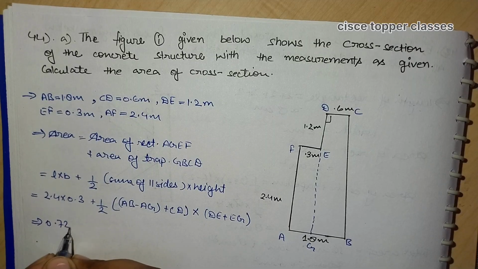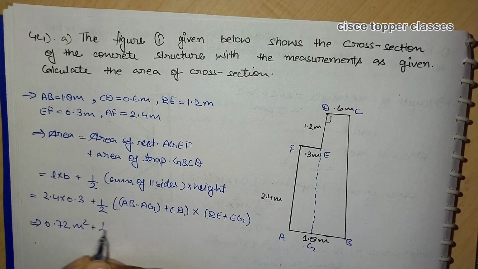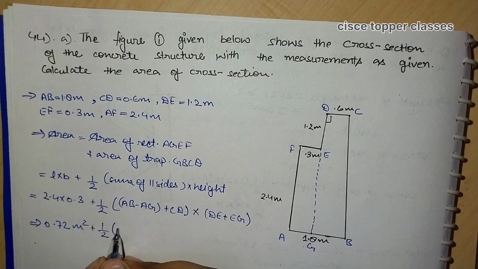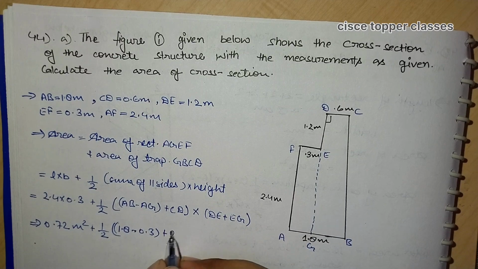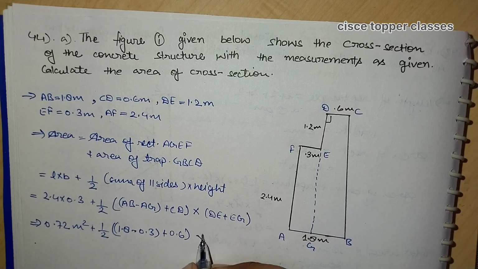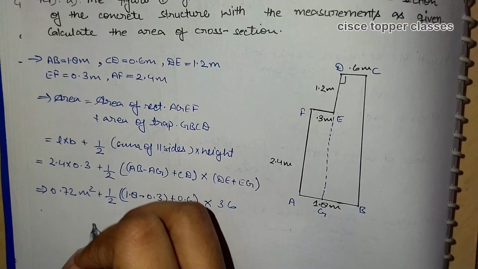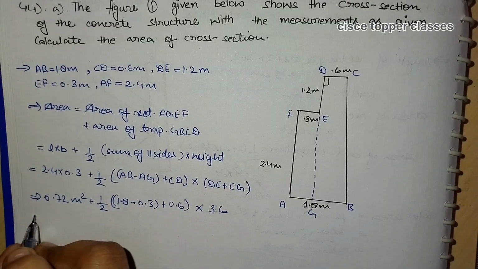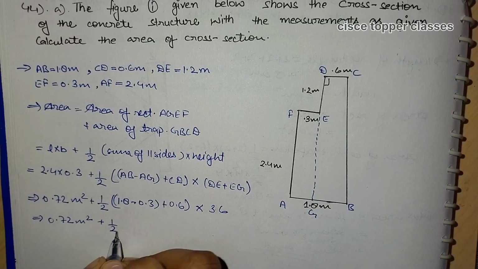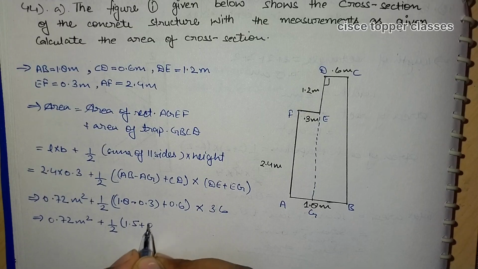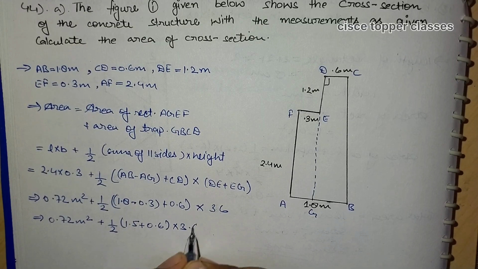This will be 0.72 meter square plus 1 by 2, AB minus AG will be 1.8 minus AG 0.3, plus CD will be 0.6, into DE plus EG, 1.2 plus 2.4, so 3.6 here. Now this will be 0.72 meter square plus 1 by 2 into 1.5 plus 0.6 into 3.6.